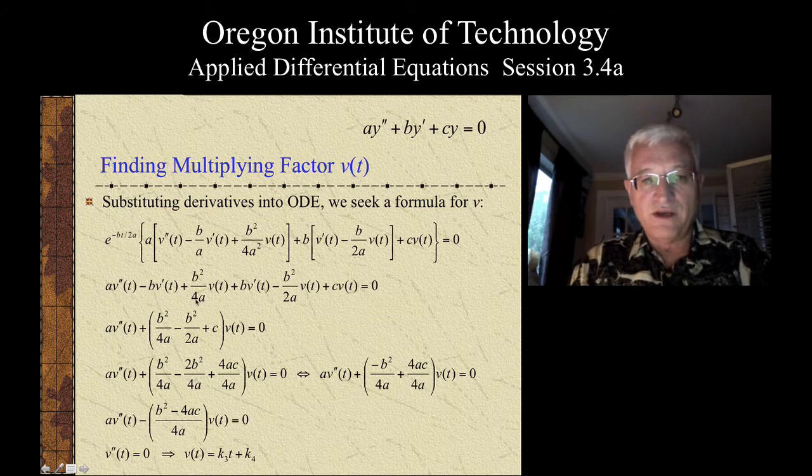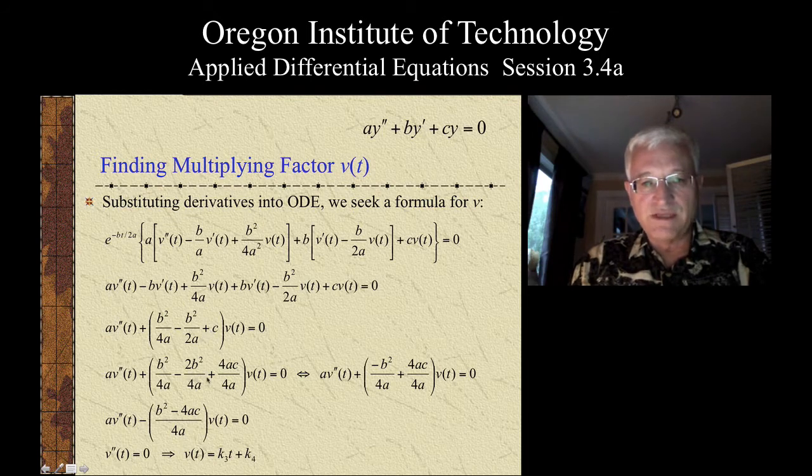And finally, we'll combine all of the terms associated with v itself. We see one here, a b squared over 4a, another b squared over 2a. That looks like we'll be able to combine those pretty well. And we have a c. So let's put those together, all multiplied by v. We can do a little bit more simplification by putting these three terms in a common denominator.